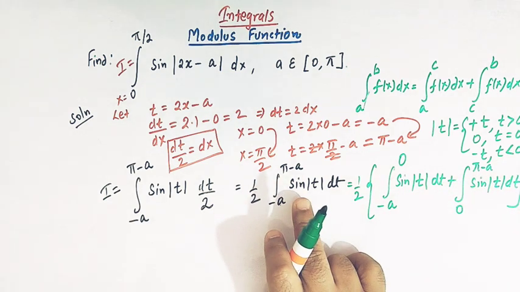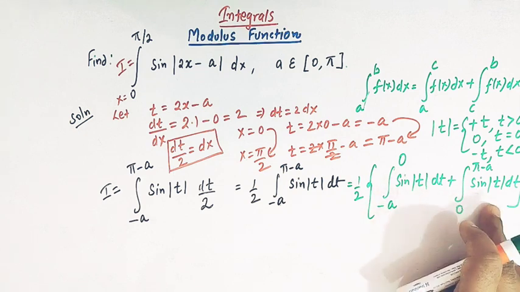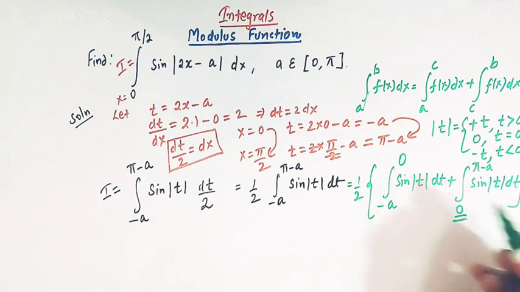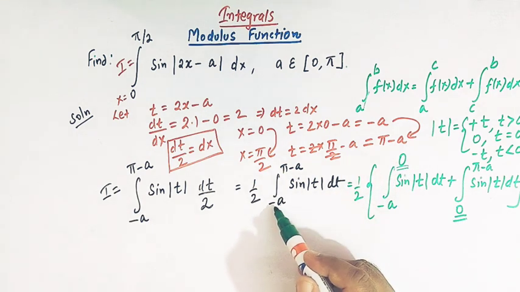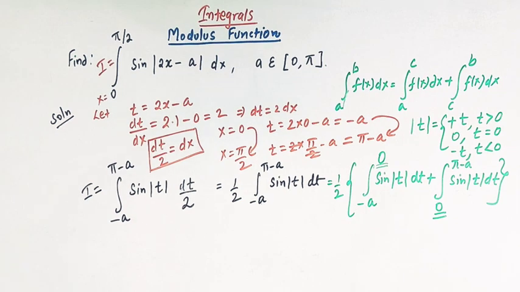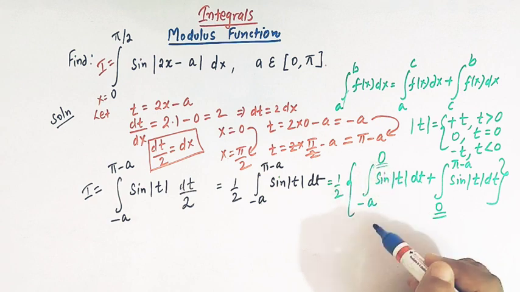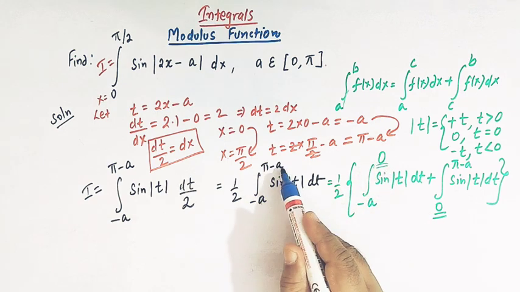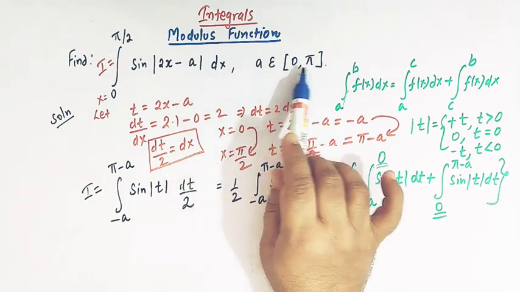So we have written this integral as a sum of two integrals, and this point 0 lies between minus a and pi minus a. See, a belongs to this interval, that is 0 to pi.